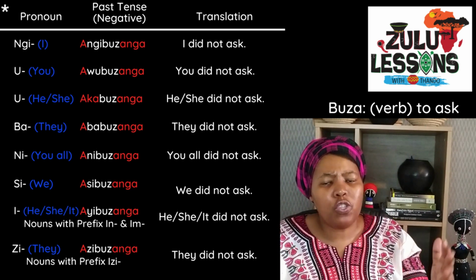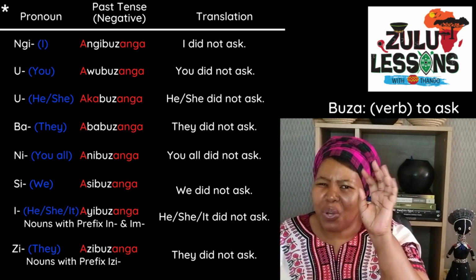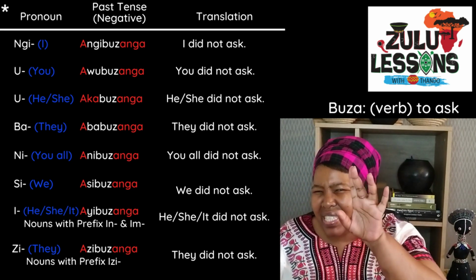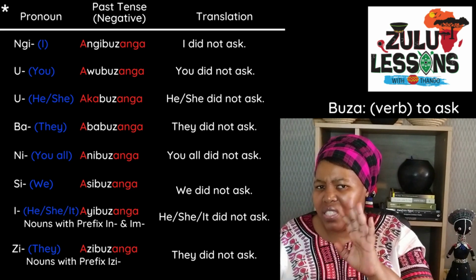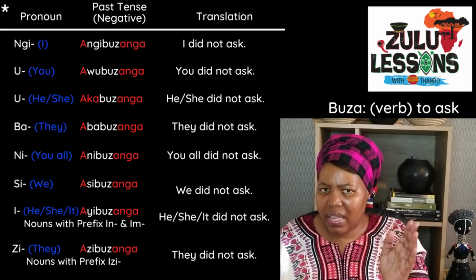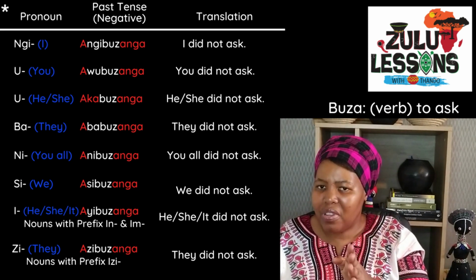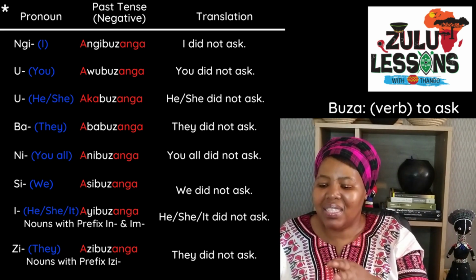So my friend, I hope that you see how it changes. The verb stays almost the same. You can still see it there. It just changes slightly from present tense to present tense negative to future tense negative, past tense negative. So I'm hoping that this will help you.